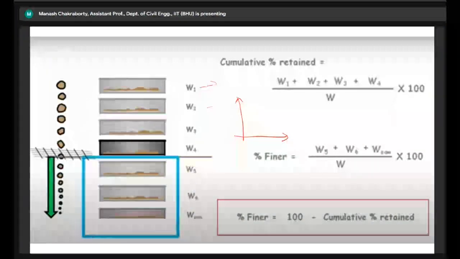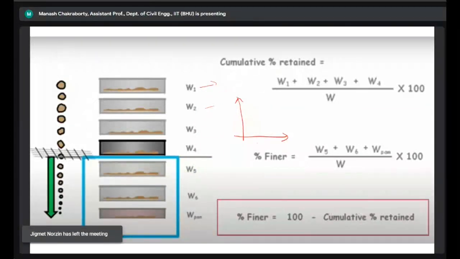But in the code that people came out with, what they have suggested is that you assume the particles are spherical in nature. So whatever diameter you talk about will be the representative diameter, right?